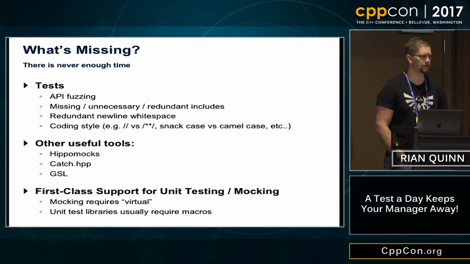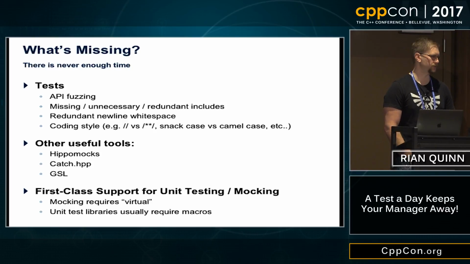There's some macro tricks you can play to get around this, which we have in our CI Hello World project, where when you're compiling for tests, you have a macro that's uppercase VIRTUAL, and that compiles to nothing under production, but it compiles to virtual under test. So that's one way to get around it. That's probably the best way I've seen, but it's ugly.